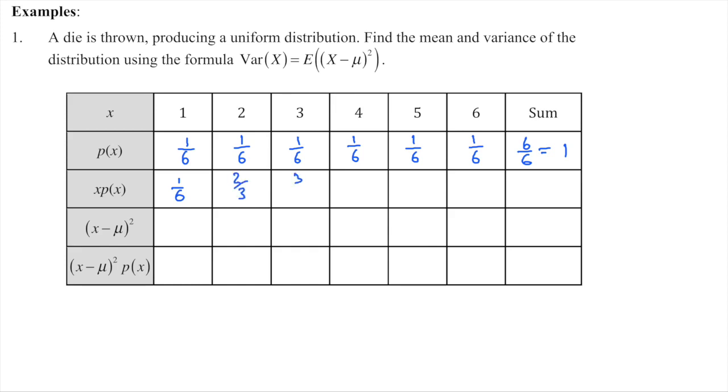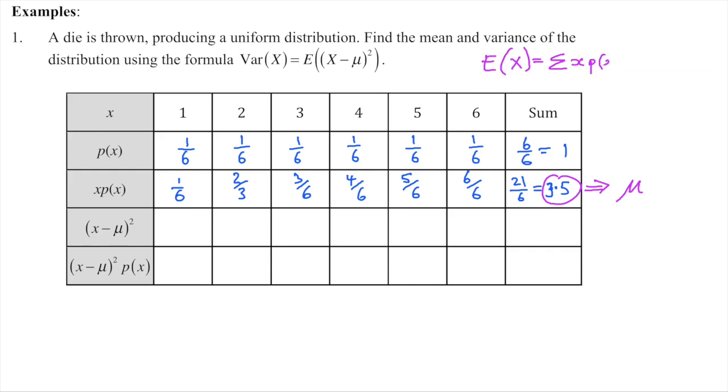Next one's 3 times 1 on 6, 4 times 1 on 6, 5 times 1 on 6, 6 times 1 on 6, and add all of those up, and they'll add up to 21 over 6, which is 3.5.